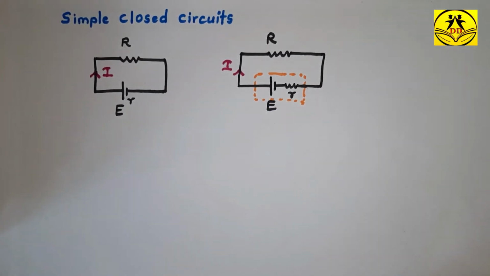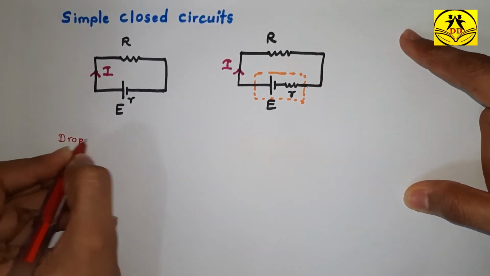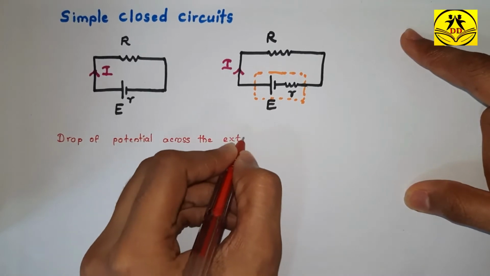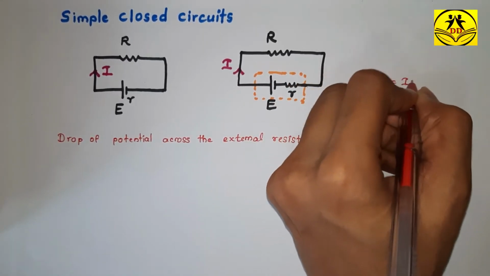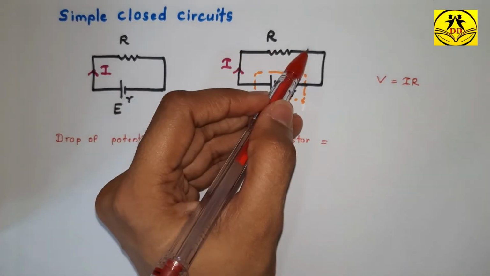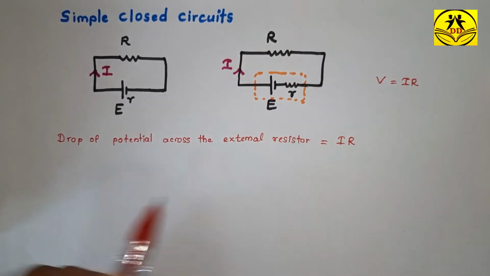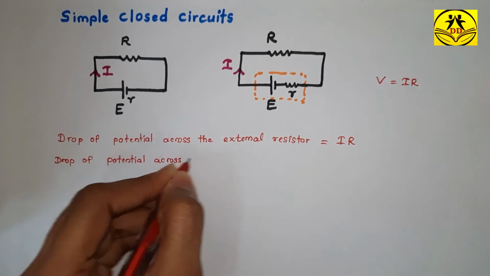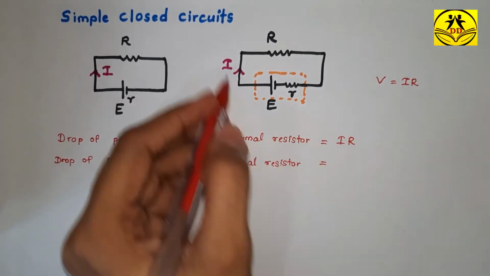You know V equals IR, where I is the current flowing and the external resistance is R. So the drop of potential across the external resistor is I into R, and the drop of potential across the internal resistor is I into small r.